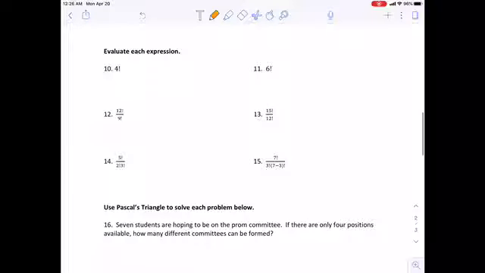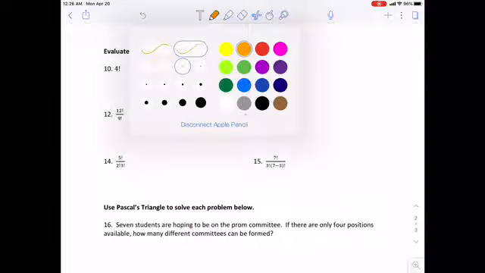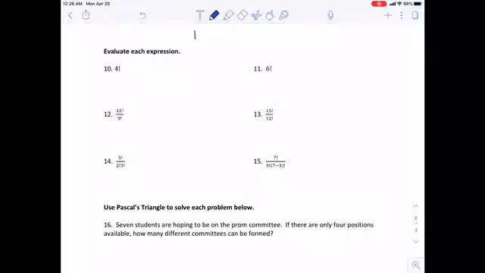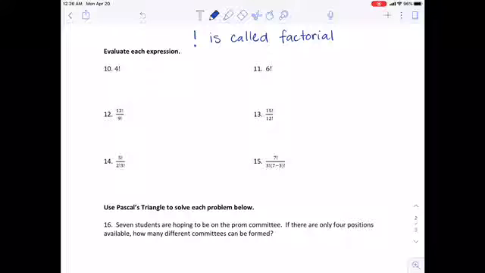Now in this next section, we're working with these exclamation points. Now the first thing you need to know about it is that this exclamation point is called a factorial. And what it means here on problem 10, for example, where we have 4 factorial, that means that we want to multiply 4 times 3 times 2 times 1.